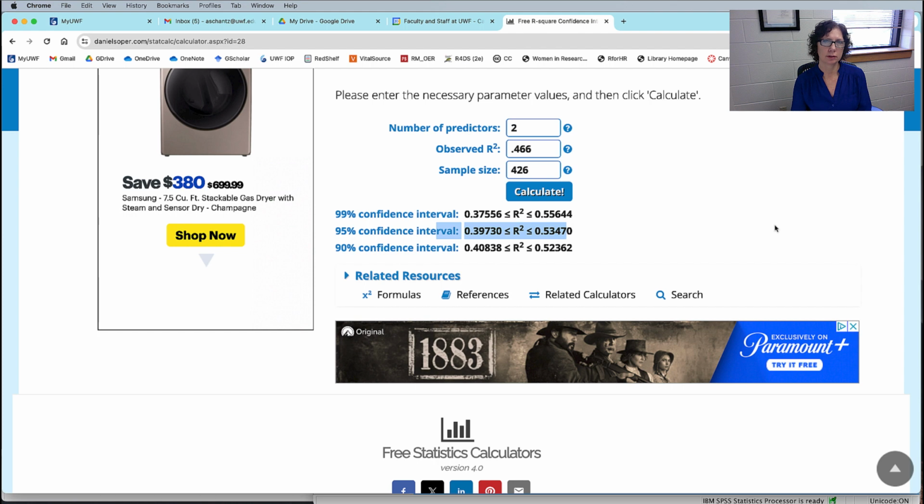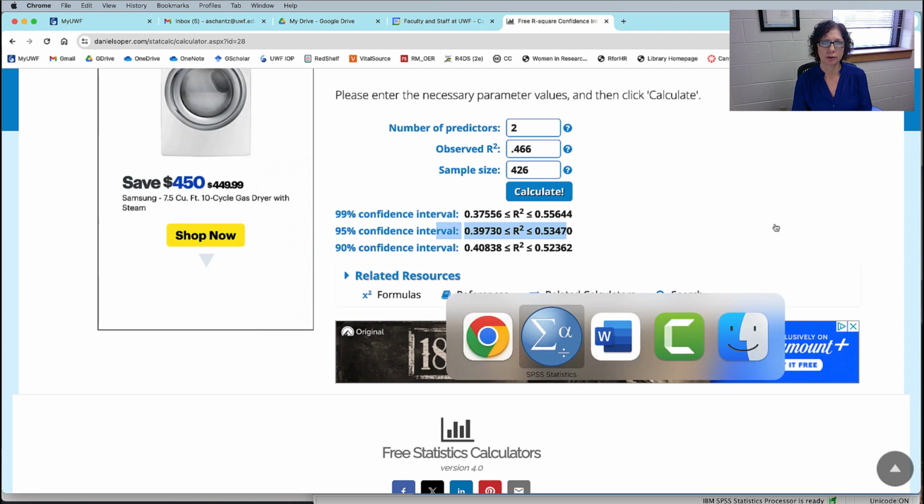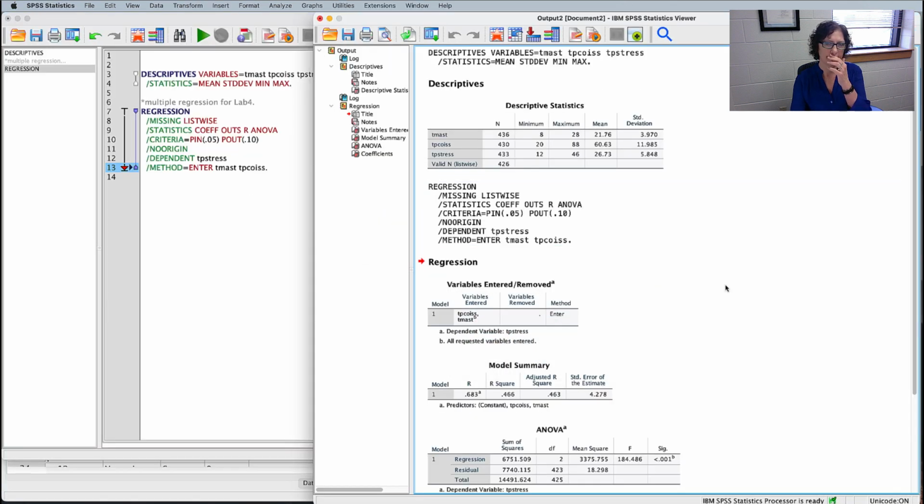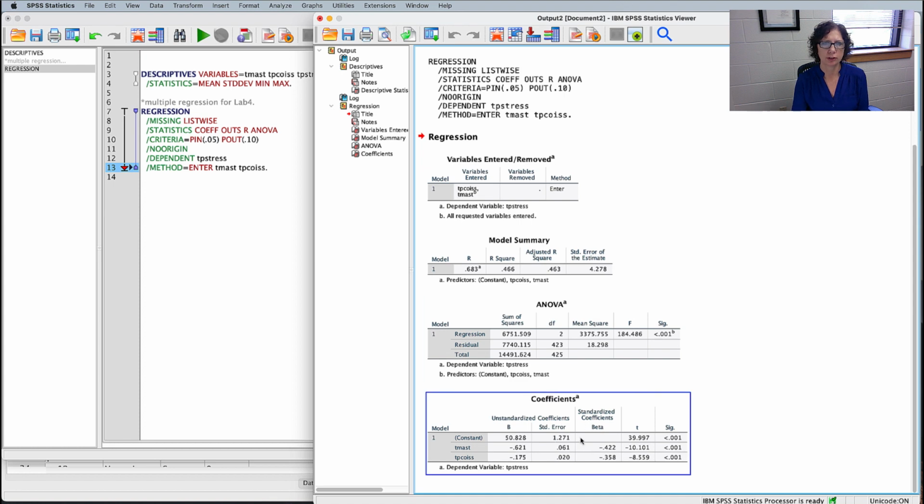We still need to give our reader information about the coefficients. And that's going to be in this coefficients table. So here, just looking across for total mastery, we see that it's significant. It's a significant predictor at p less than 0.001.